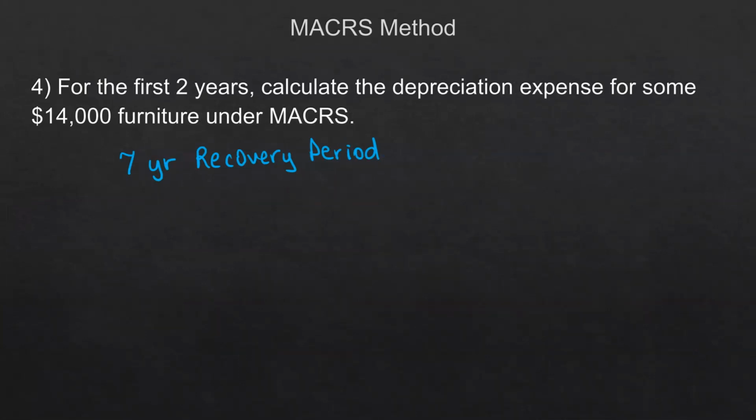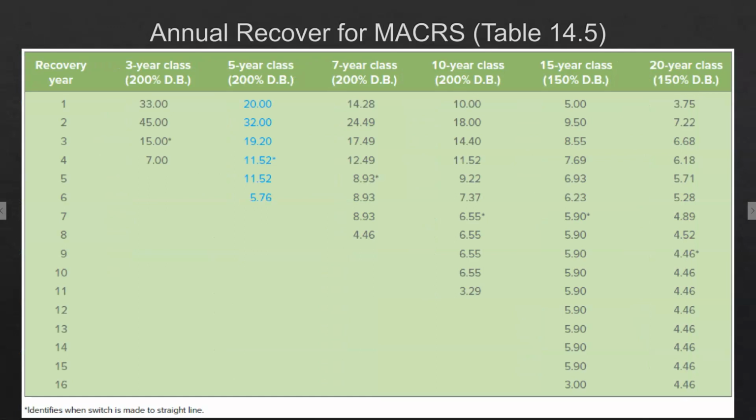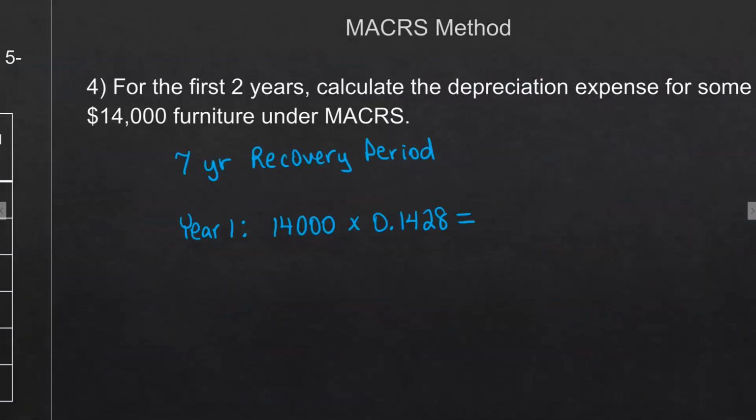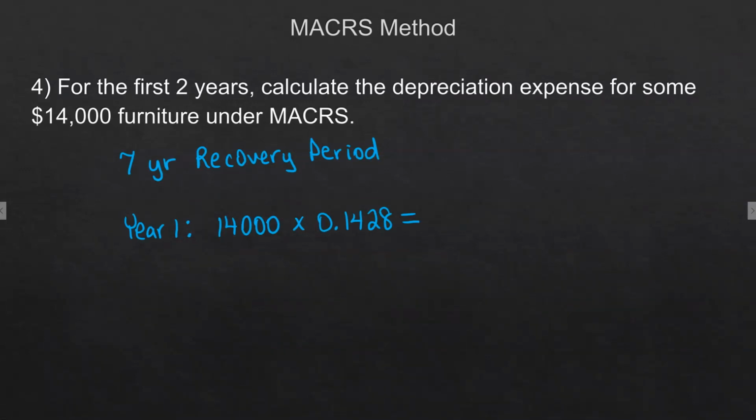So for the first year, we're going to take 14,000 and multiply it by the percent from the chart, which was 14.28, and as a reminder, 14.28 and 24.49 are the numbers we're using. So that's 1,999.